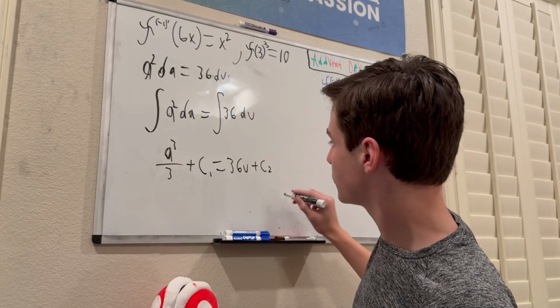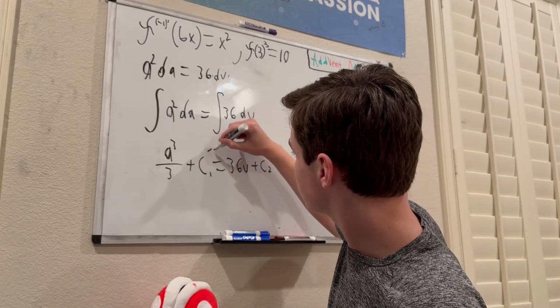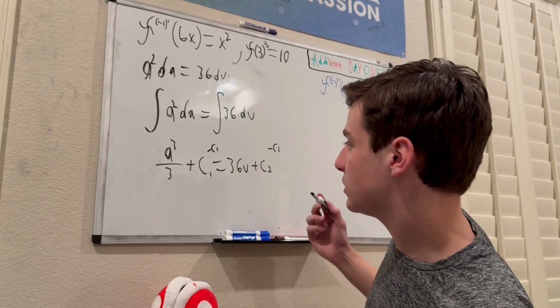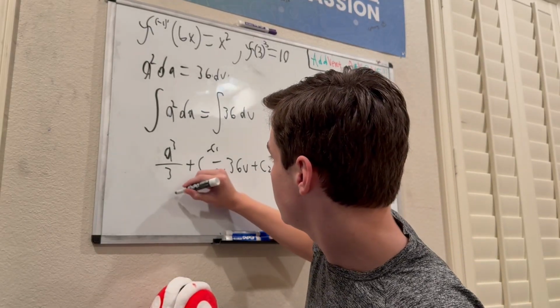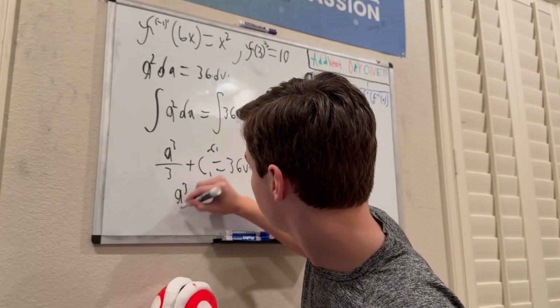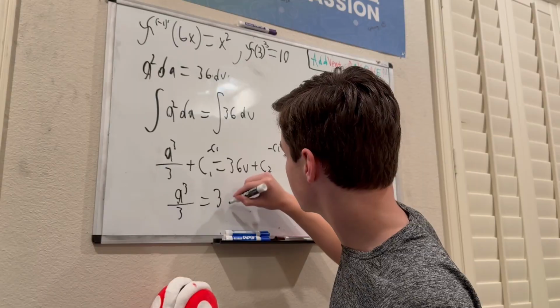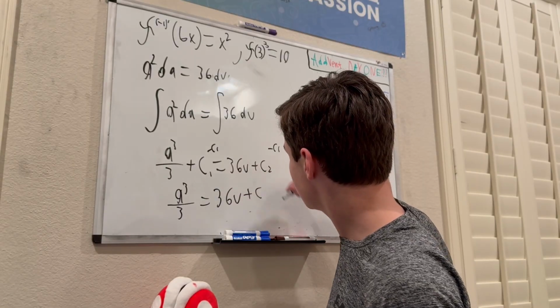But since these are just arbitrary constants, we can subtract c1 from both sides and just call it c3, or we'll just call it c. So we get a cubed over 3 is going to be equal to 36u plus c.